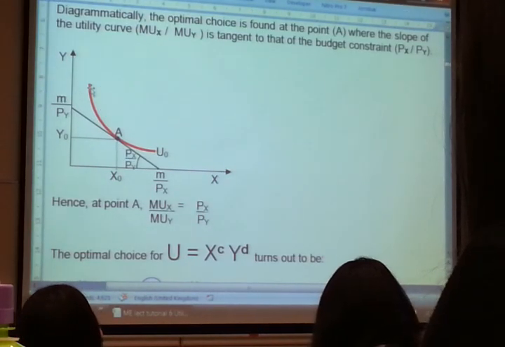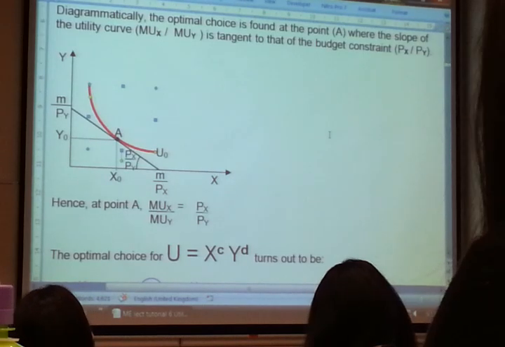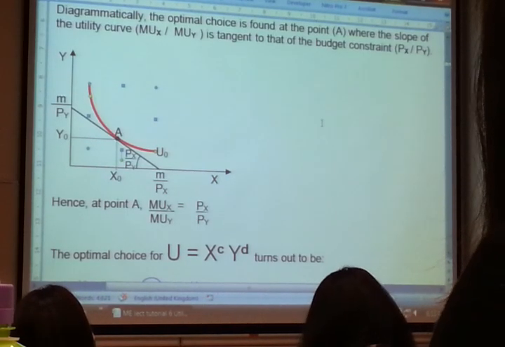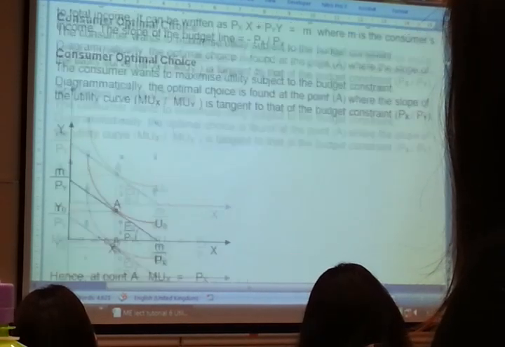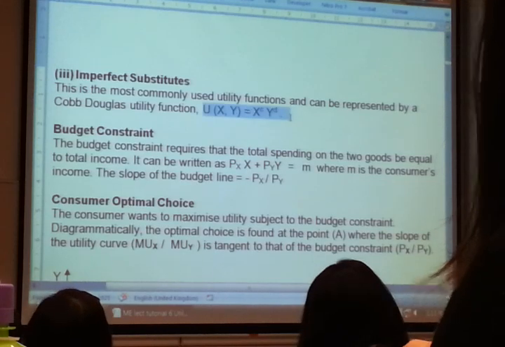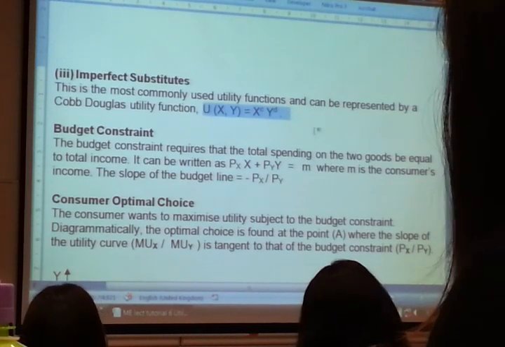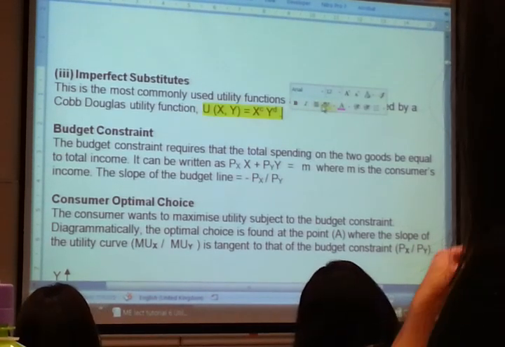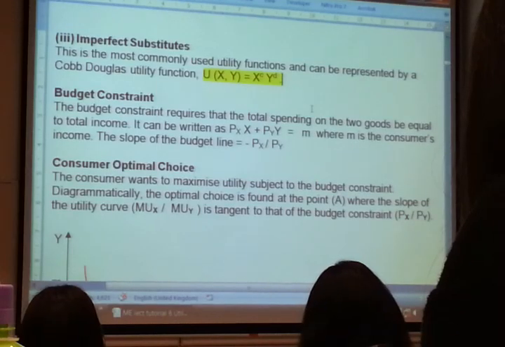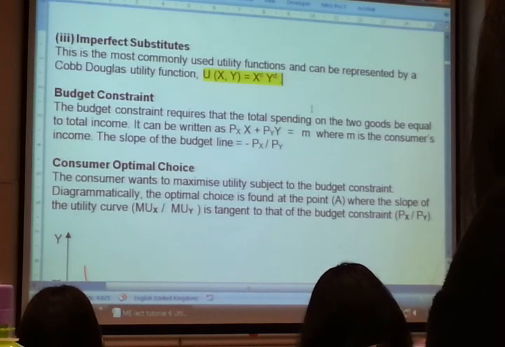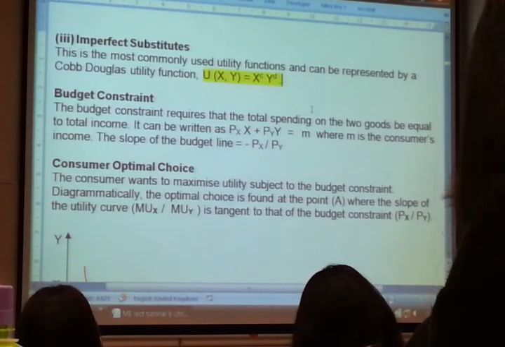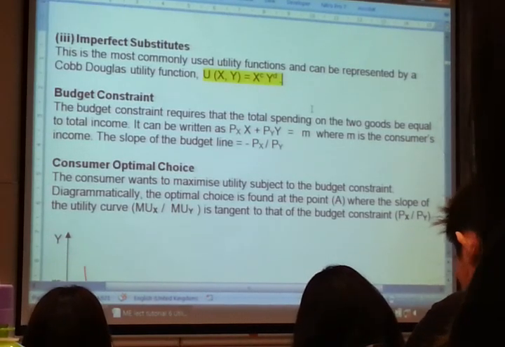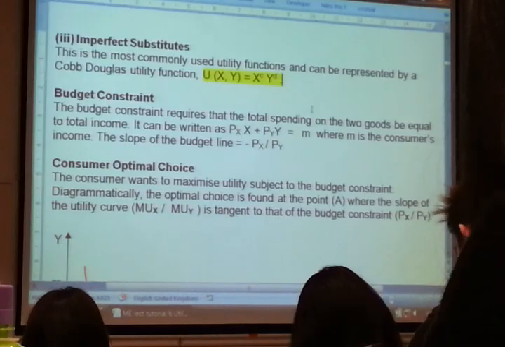So in mathematics, what's the equation of this line? The utility comes from these two things, x and y. And therefore, the map for the convex shape will be this. It's an exponential multiplicative function.